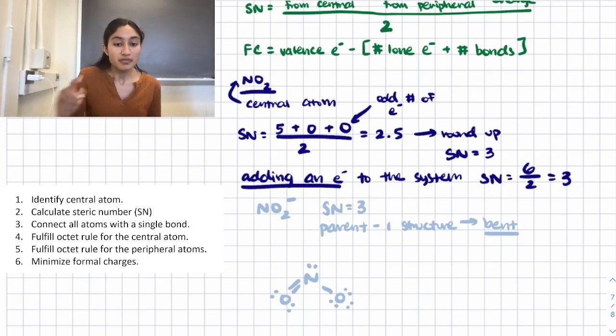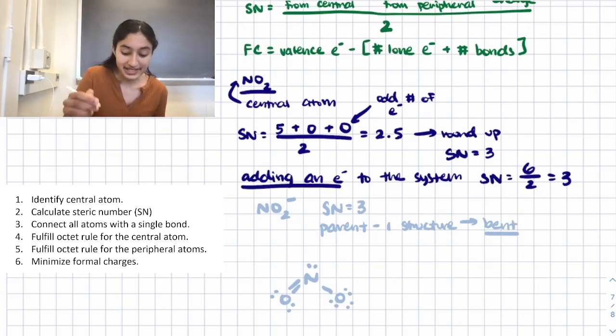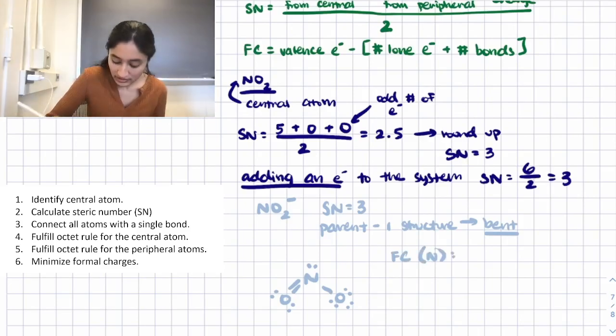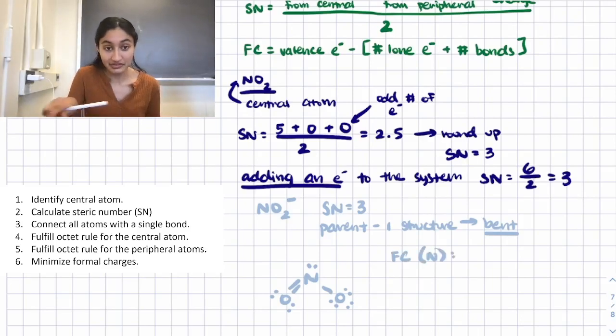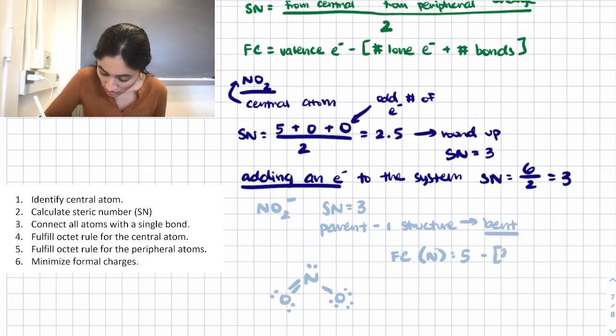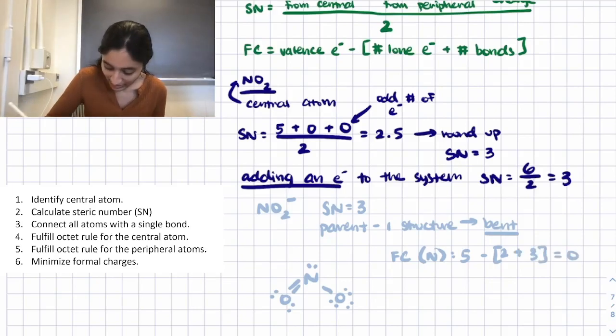And now we're going to minimize formal charges for this structure. So let's calculate the formal charge for all of these atoms. For nitrogen, I have the formal charge formula at the top. You start off with 5 valence electrons, you have 2 lone electrons, and 3 bonds, so you're going to have a formal charge of 0.